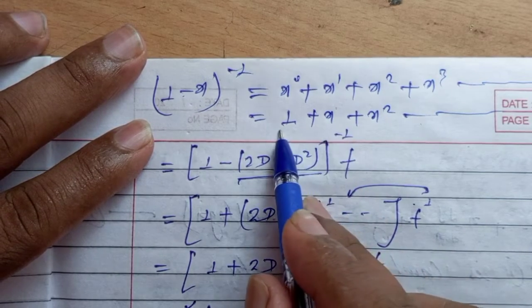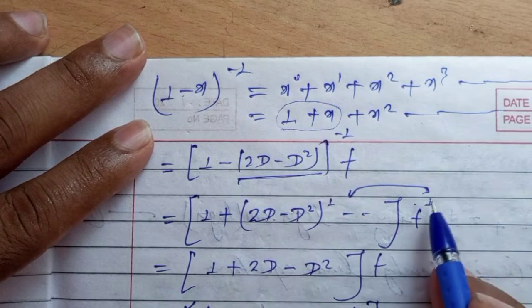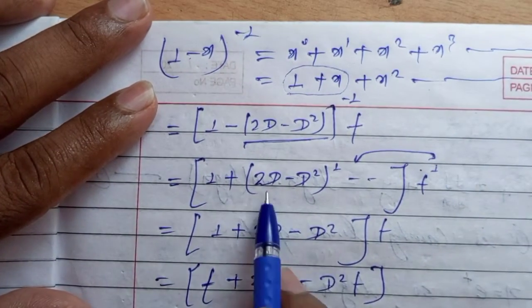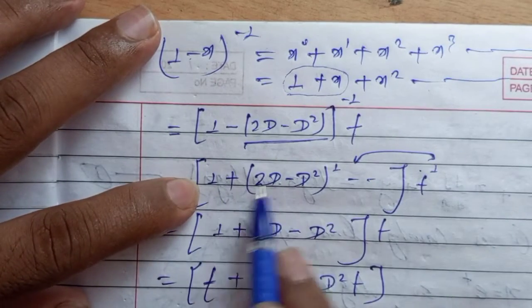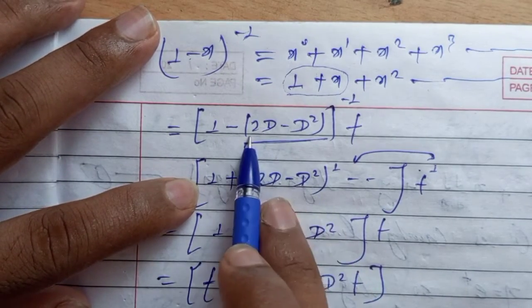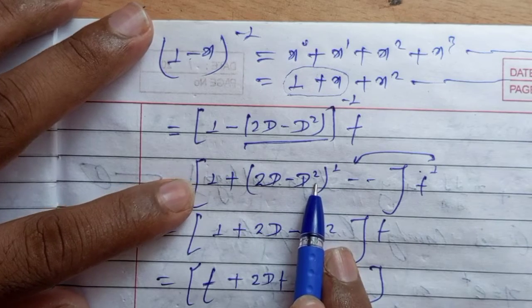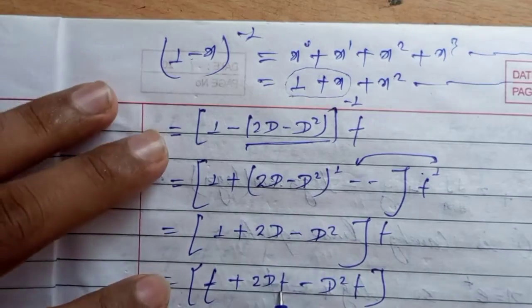So we follow the formula up to these two terms only, because the maximum power is 1. So 1 becomes 1, plus becomes plus, and in the place of x we substitute this total. This becomes our required binomial format.